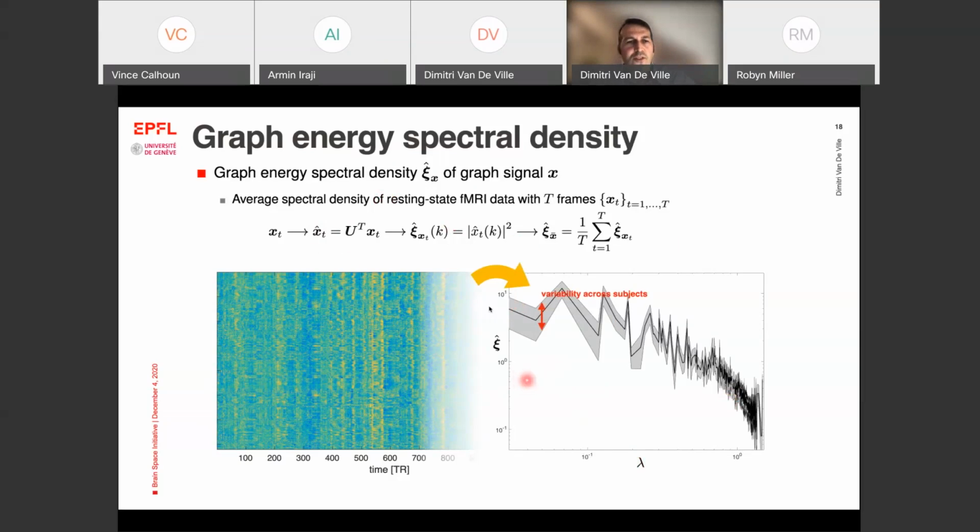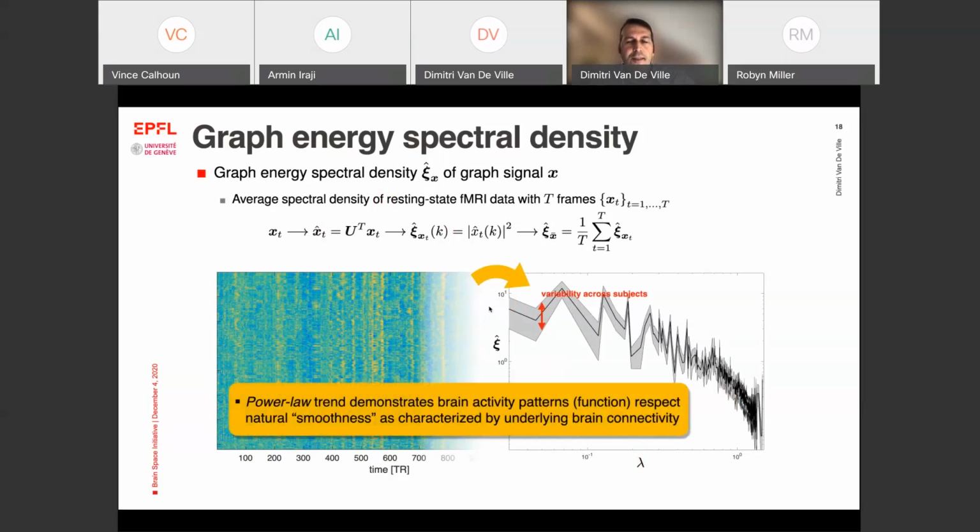In other words, we see a power law trend that demonstrates that fMRI brain activity patterns that are reflecting function actually respect the natural smoothness as characterized by the underlying brain connectivity. That's already a first observation, which is not completely trivial.